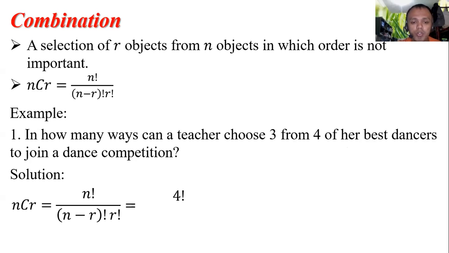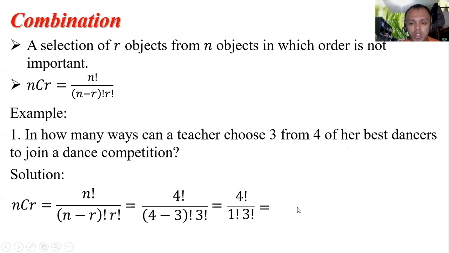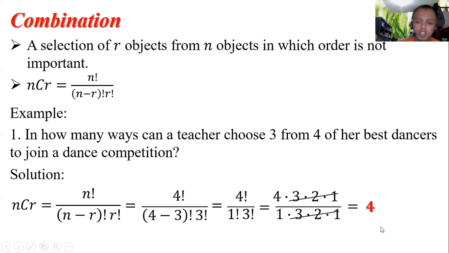Your n here is equal to 4, then your r is 3. So we have 4 factorial over 4 minus 3 factorial times 3 factorial. 4 minus 3 is 1. And then expand: 4 factorial over 1 times 3 factorial. Cancel out. Then we have 4 over 1 is equal to 4. So we have 4 ways.